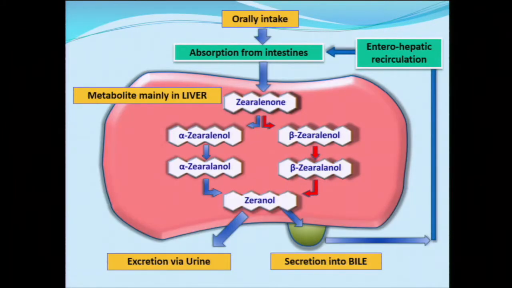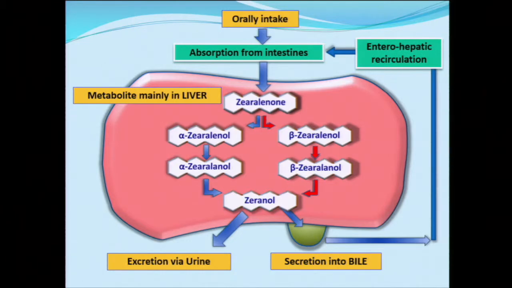After oral intake of Zen, absorption mainly occurs in the intestine, and it gets metabolized mainly in the liver, as shown in the figures. After glucuronide conjugation, Zen and its metabolites are secreted with urine and bile.